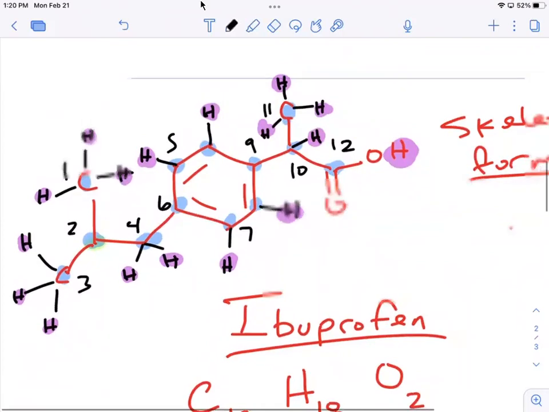All right, so let's count these up. How many hydrogens is that? Let's make sure we got the right amount. So that's 1, 2, 3, 4, 5, 6, 7, 8, 9, 10, 11, 12, 13, 14, 15, 16, 17. I'm missing one somewhere. Here.